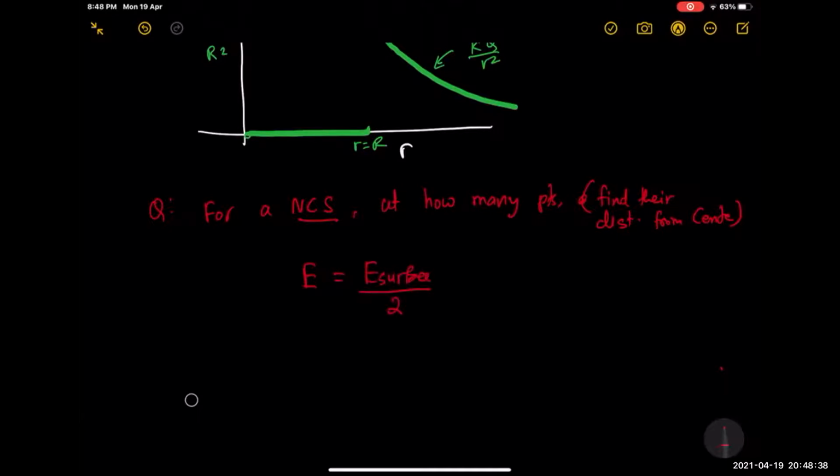Same capital Q, radius r, it's a non-conducting shell. At how many points, and you have to also find the distances of those points from the center, E is E surface by 2. It is simple.